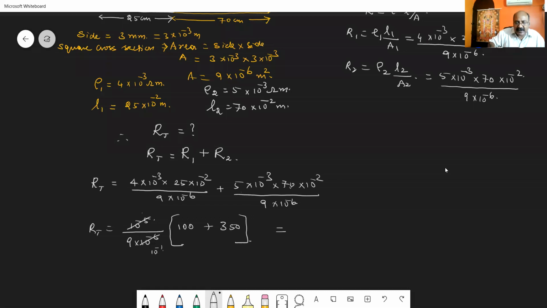This 10 power minus 1 taken to the numerator, 10 divided by 9, multiplied with 350 plus 100, I will be getting 450. So when I cancel this, 9 5s are 45, 50, 50 into 10, I can get it as 500. So I can write the total resistance RT is equal to 500 ohms as its answer.